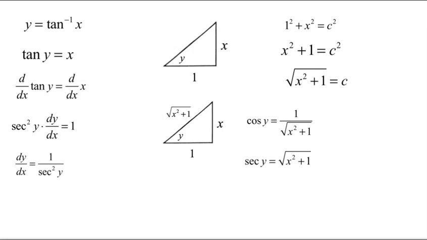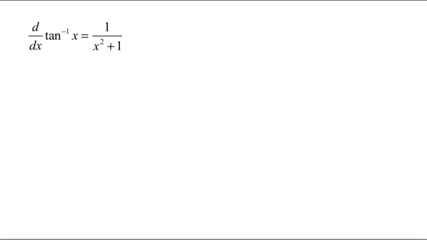And then square both sides to give me secant squared y is x squared plus 1. Knowing that, I can make my substitution and say dy dx is 1 over x squared plus 1. So that is our derivative of inverse tangent of x.